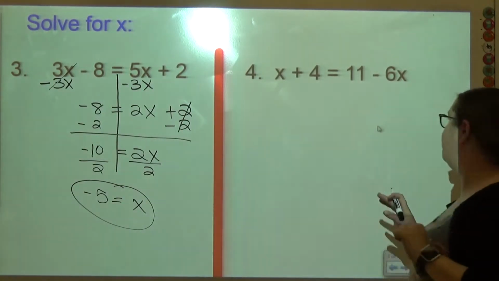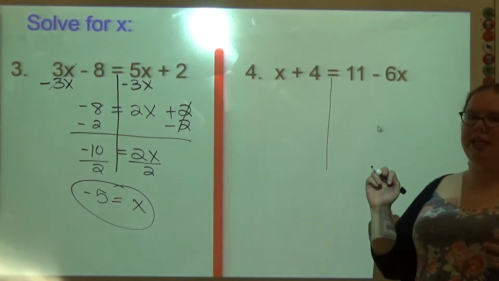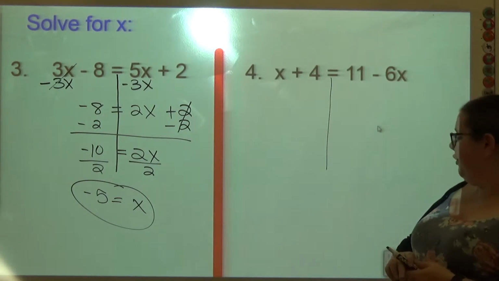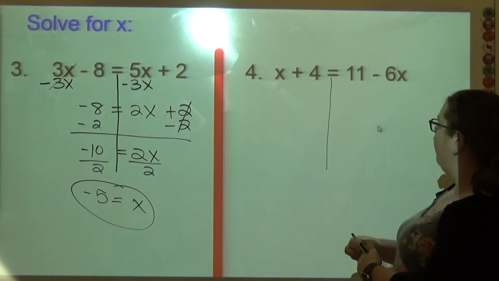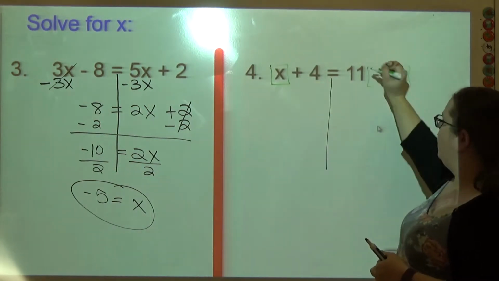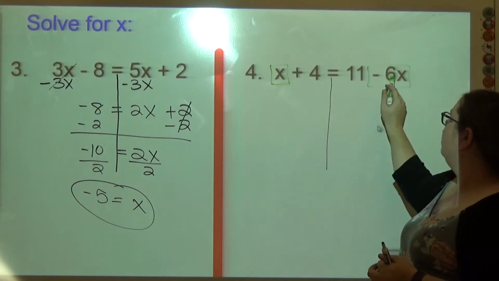All right, this one. Same idea. I really do like to move the smaller number because it avoids negatives. So look for your x's. I have my positive x here and my negative 6x here. We cannot combine them together, but who is smaller?